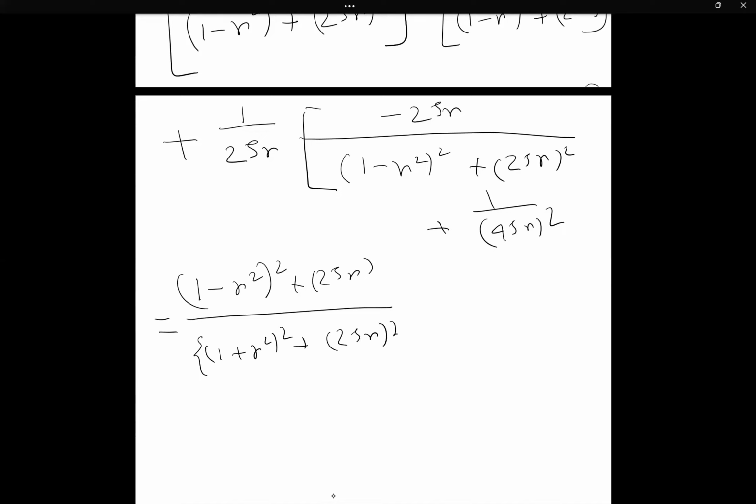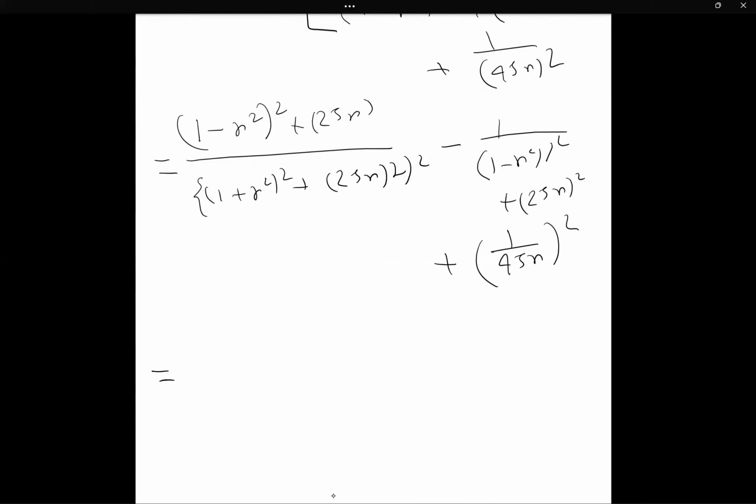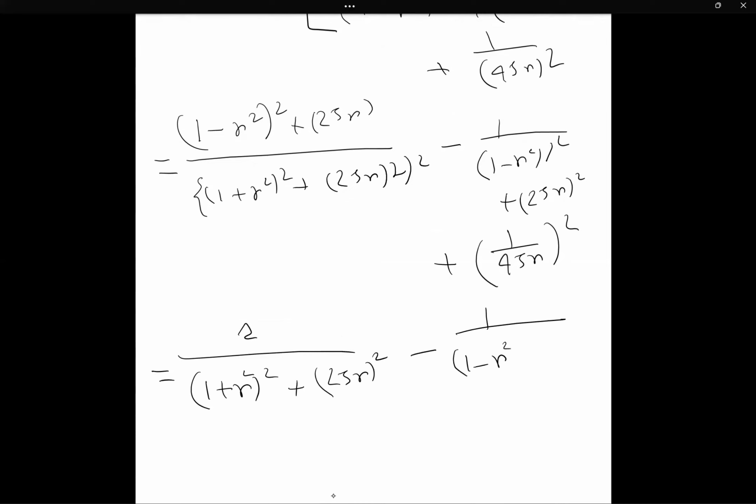Just make the calculation. Now if I simplify this, it will become 1 plus r square whole square plus 2 zeta r whole square, minus 1 plus r square whole square plus 2 zeta r whole square, plus 1 by 4 zeta r square.